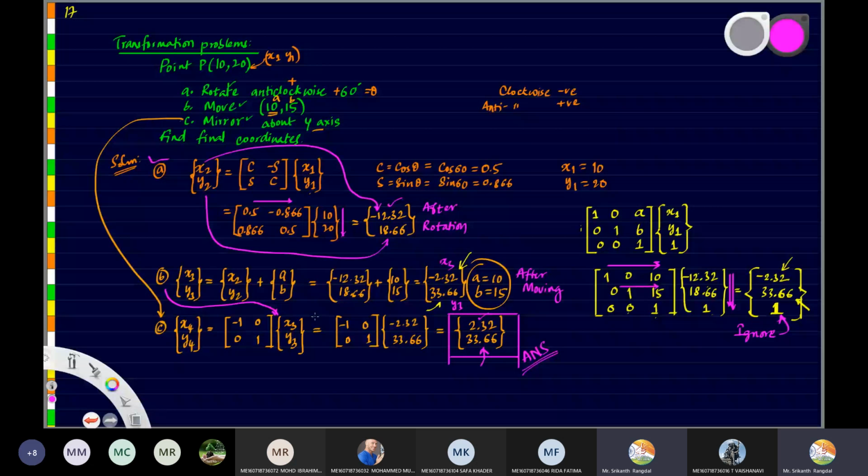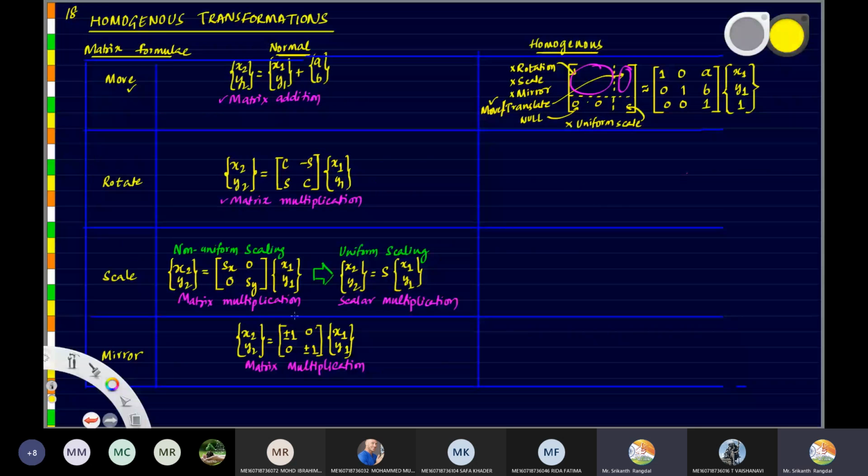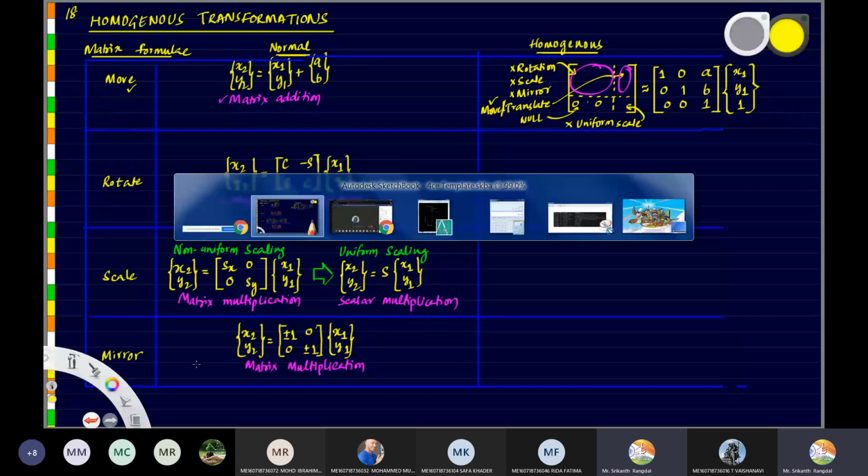With the homogeneous matrix method, you can see that it is a lot more complicated, isn't it? Which one is more complex? Come on, answer me. Which one is more complicated? Homogeneous.